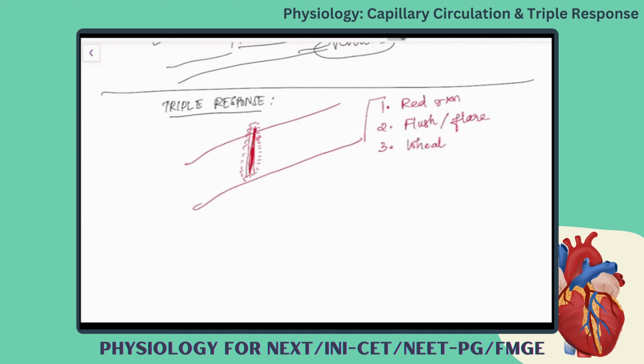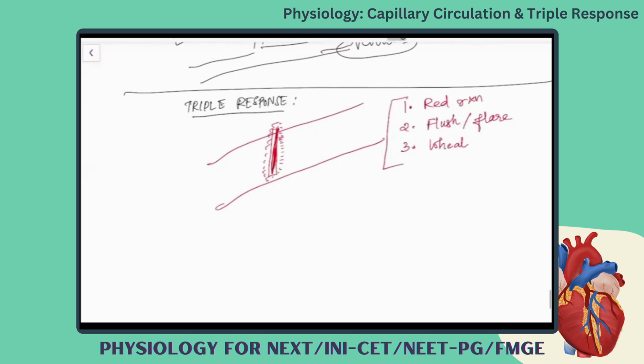So these are the three components involved in the triple response. Why is this happening? First, the red reaction: how long does it take? It will happen within 10 seconds to 1 minute.